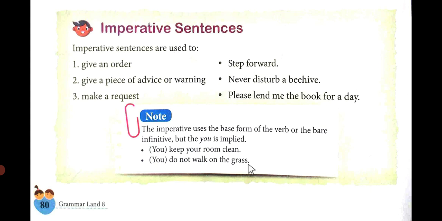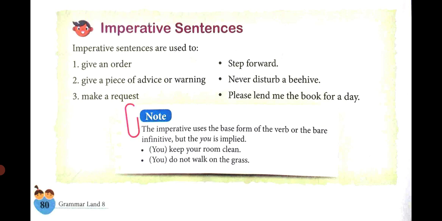So once again, students, I want to tell you that there are 4 types of sentences. The sentences can be divided into 4 types on the basis of their meaning. First is the declarative sentence. Declarative sentences make a statement or some kind of observation. They are of 2 types: affirmative sentences and negative sentences.